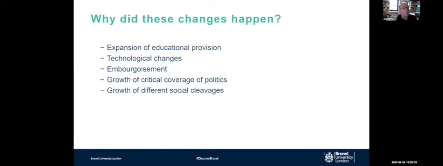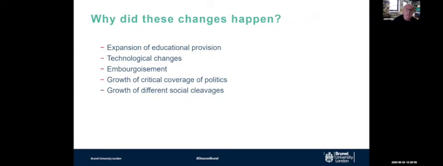So they may have been born into a working class background, but the educational provision and the opportunities that that's provided has meant that many more people have started to inhabit more middle-class lifestyles and more middle-class occupations.